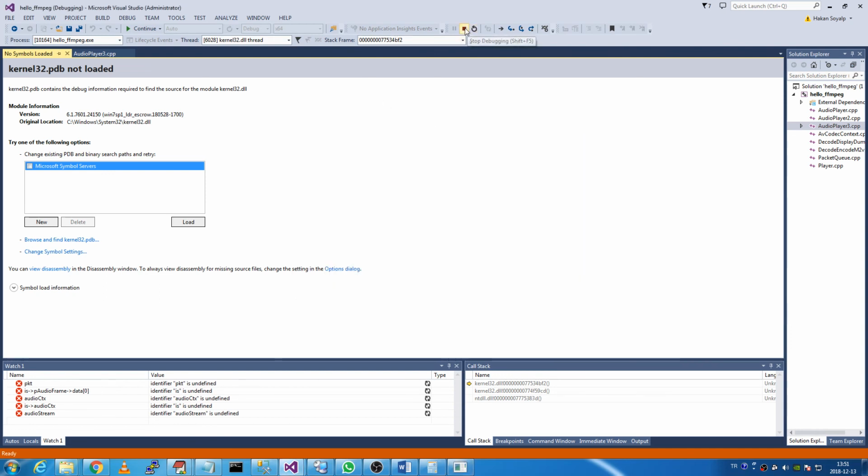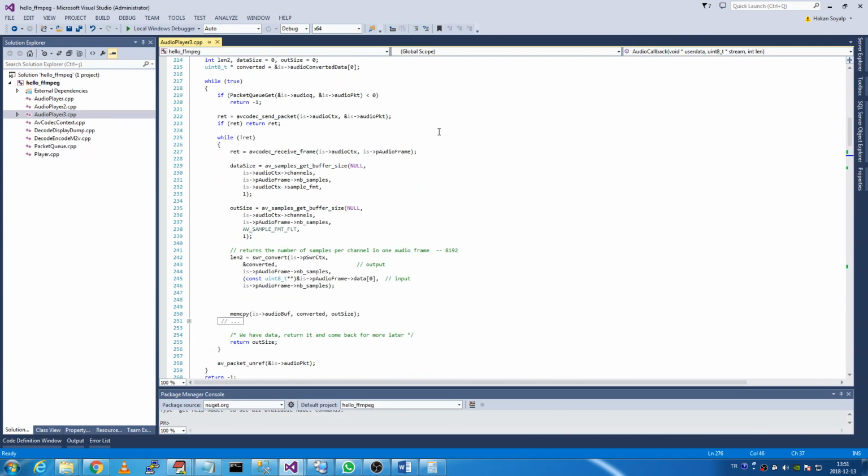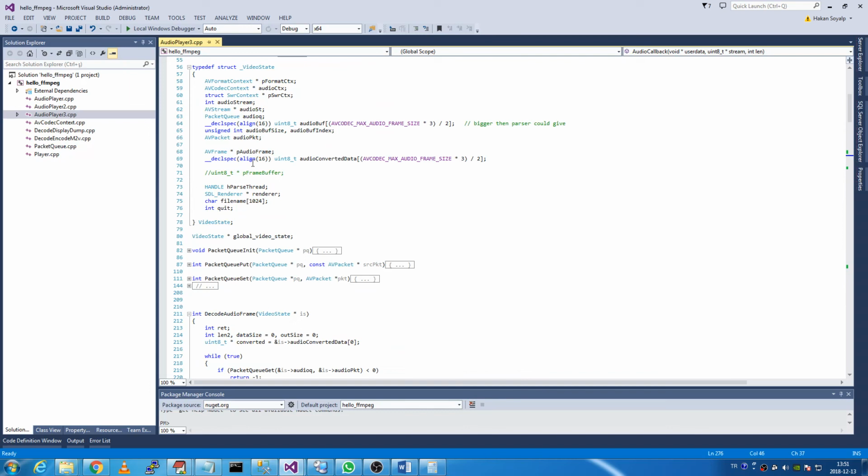And there is one more point here. Why do we use the expel align here? Because we say that we are going to use this variable very frequently, and we don't want this variable to be fragmented in the memory. So give it much more space when you put it in memory, so that it is much less fragmented in memory.